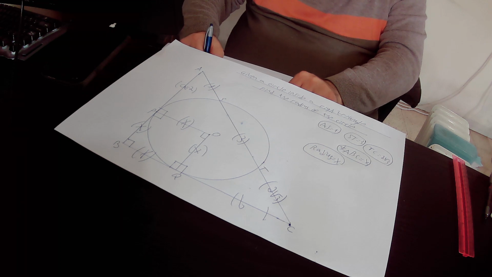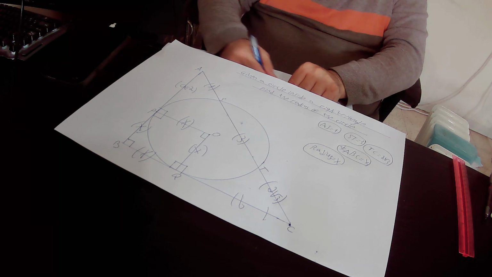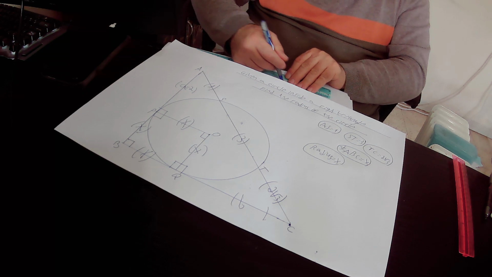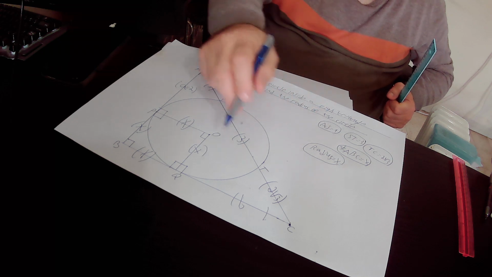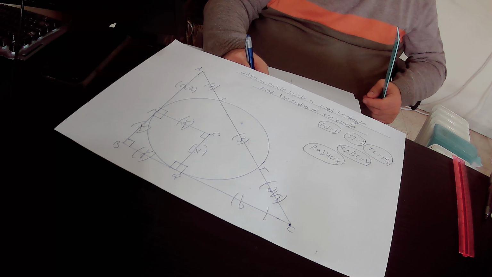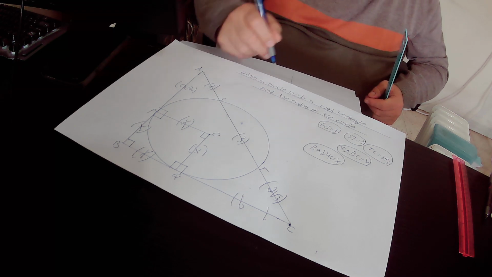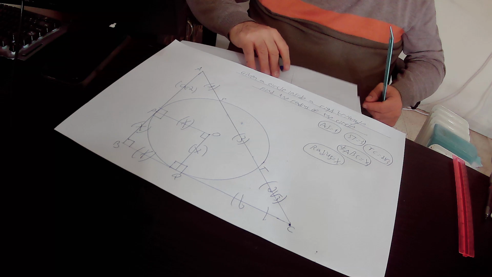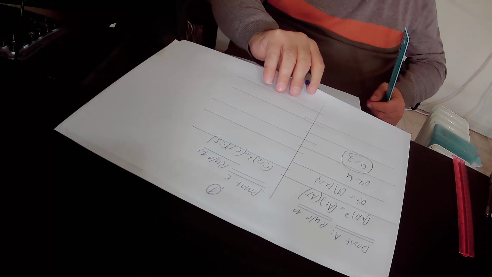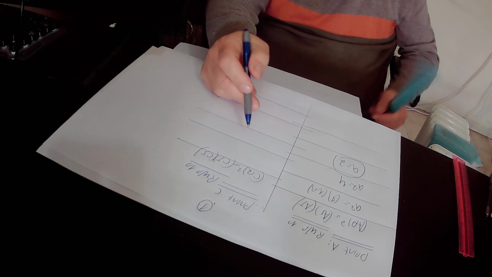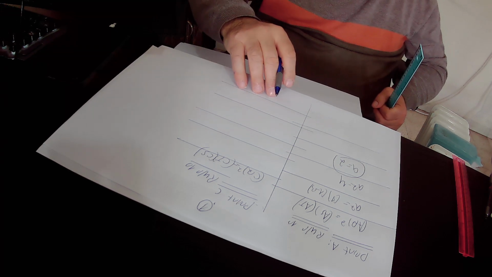According to rule 10, we will get that CQ squared equals CT times CS. Again, if you focus on the common external point, point C, according to rule 10, we get that CQ squared equals CT times CS.